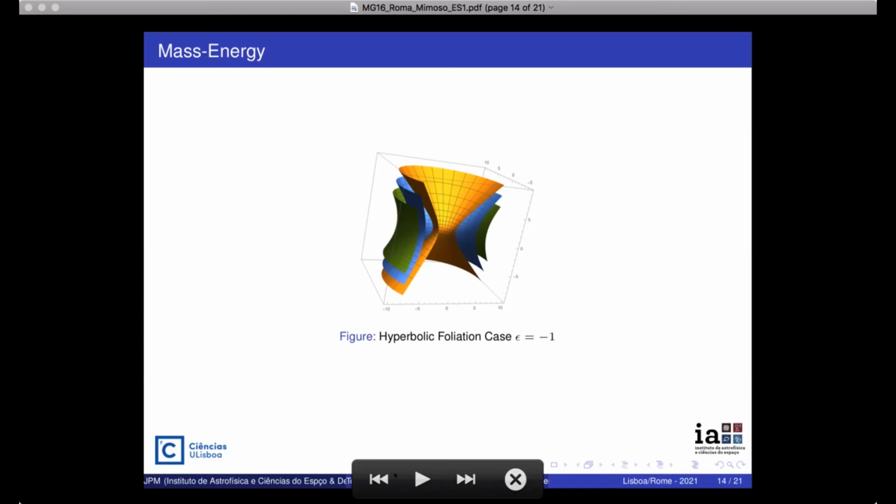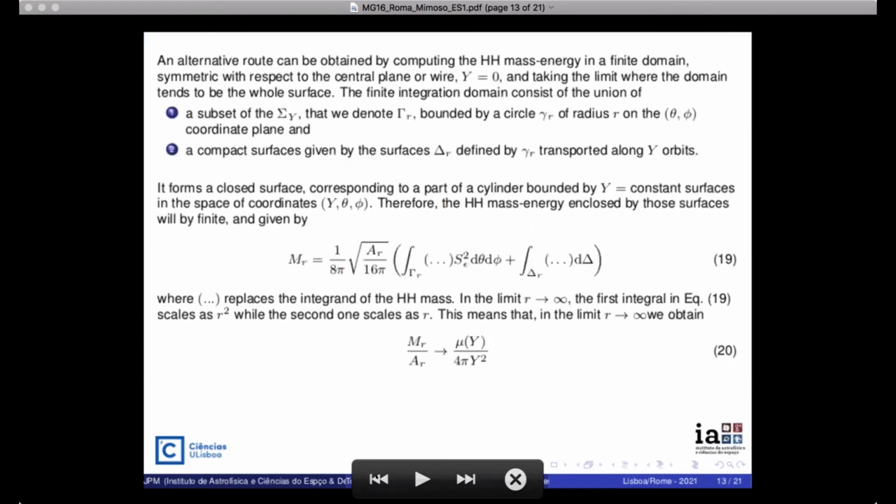And so we realized that we can define a mass using even the Hawking-Hayward mass energy for these conveniently closed surfaces, whereby the limit when we make the surface extend to infinity, the limit of the mass over the area becomes well defined and depends on y, on the warp factor y.